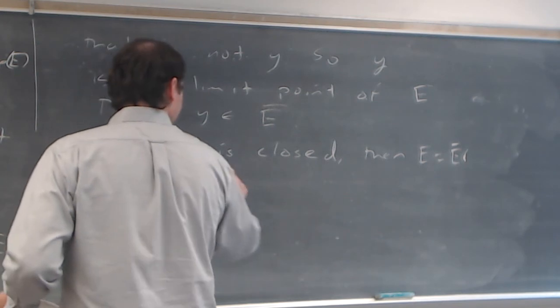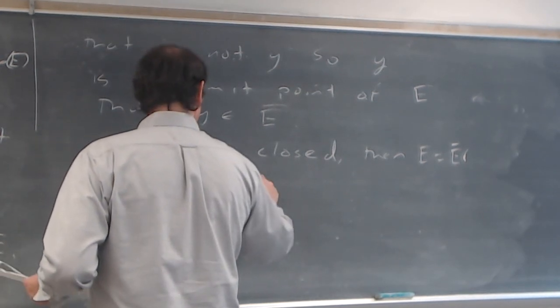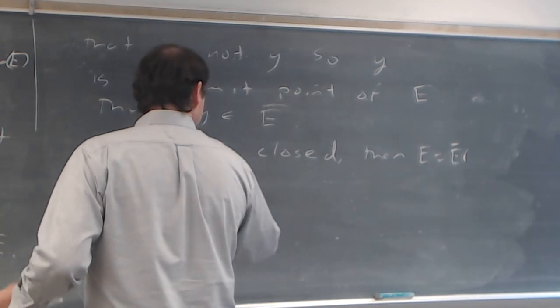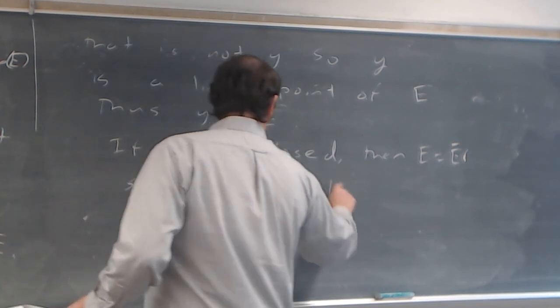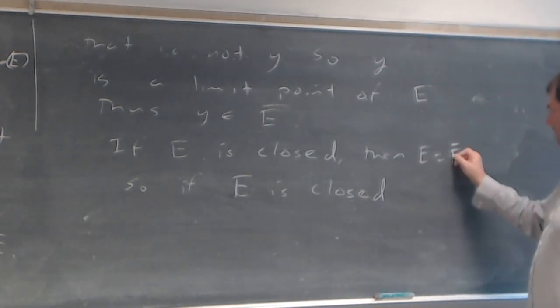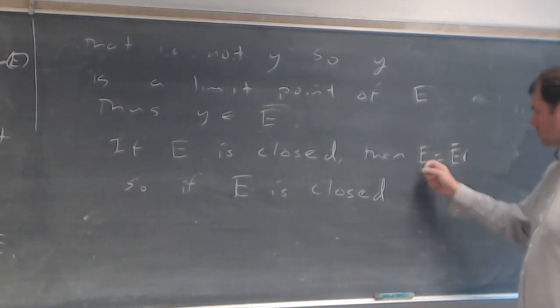So if E is closed, we just showed that the supremum has to be in E closure, so it's got to be in E.